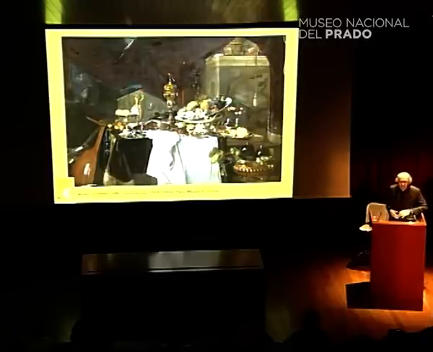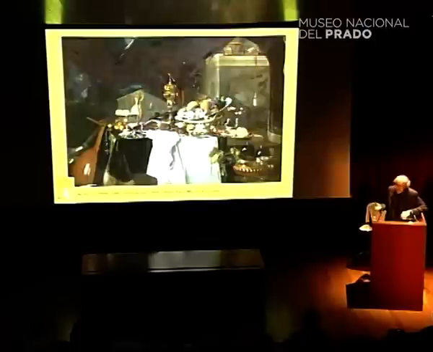In the next years, de Heem painted several of these large, rich still lifes, mostly one every year.